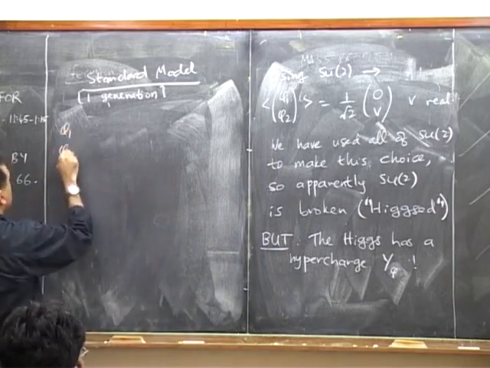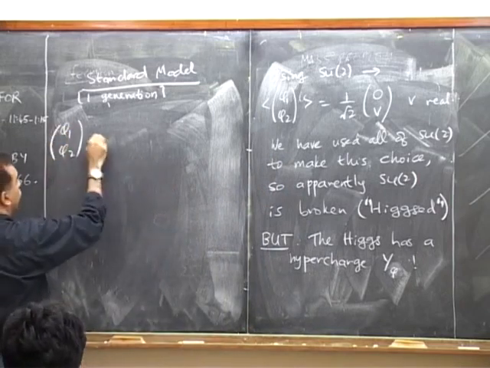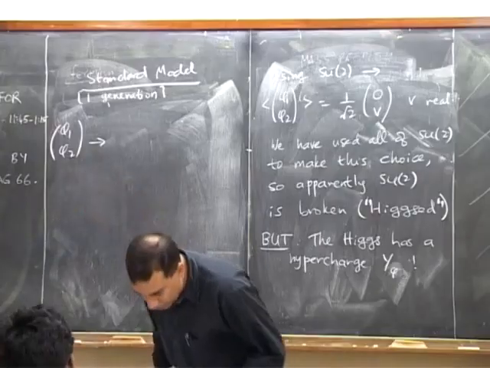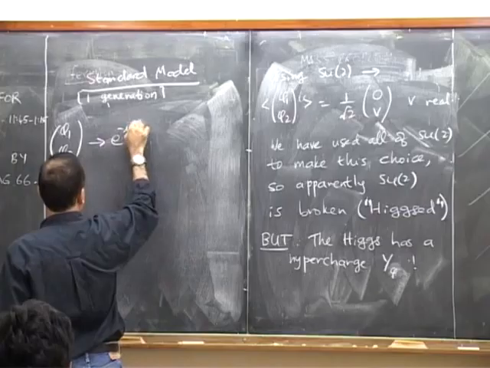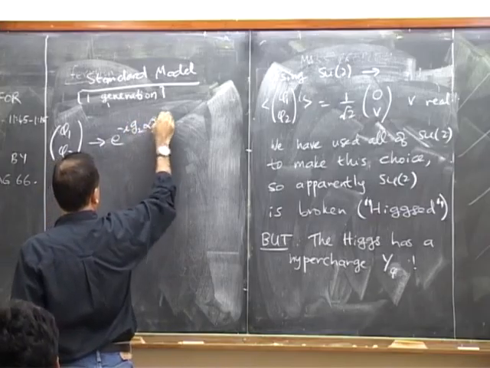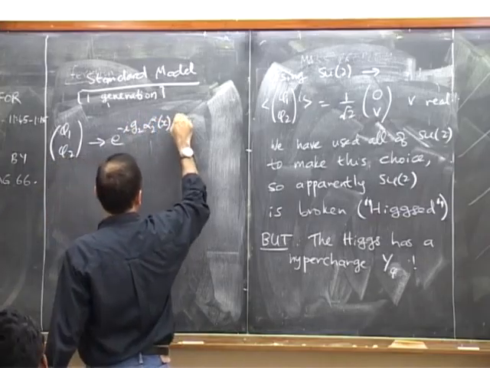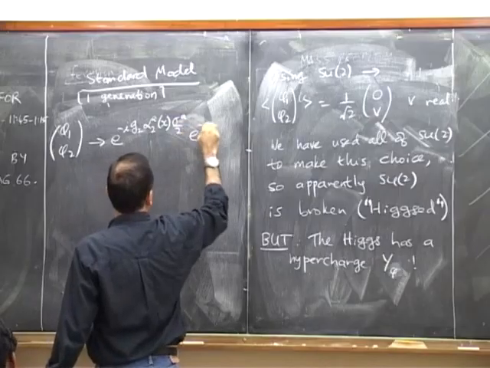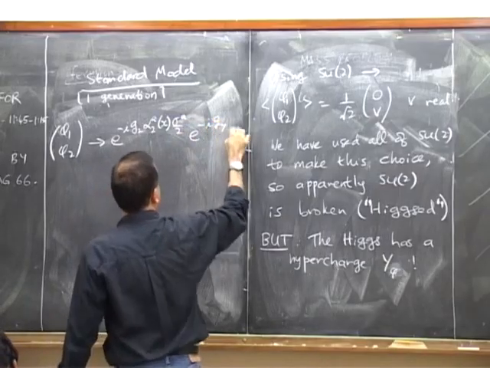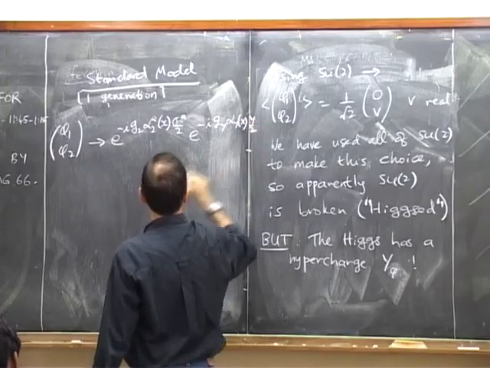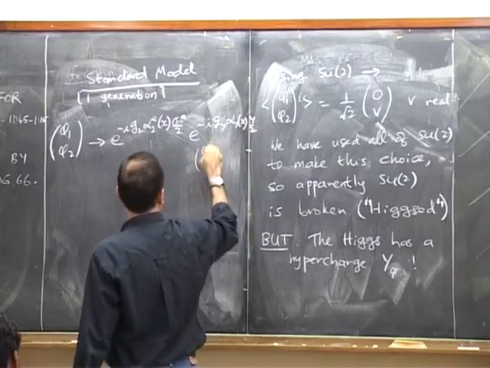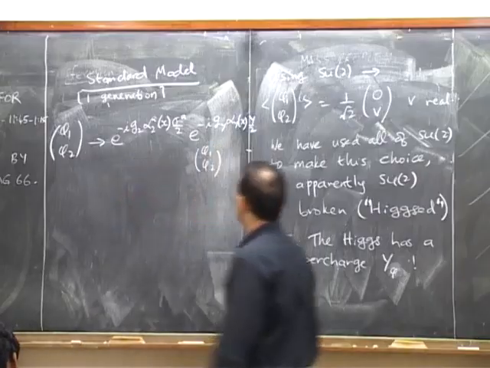So let's remind ourselves how phi 1 and phi 2. So I'll go on for about 10 minutes and we'll stop. That should be enough. So we've already written that these transform like this: alpha to A of x, sigma A by 2 e to the minus I g y, alpha y of x, y by 2 times phi 1 phi 2.